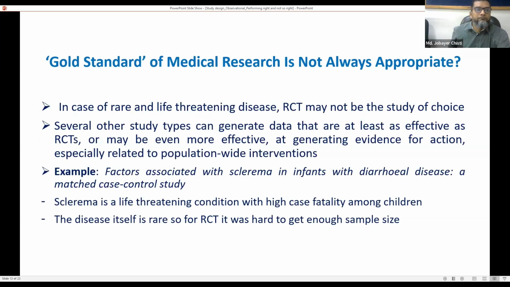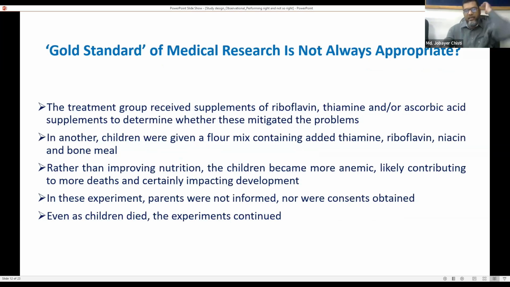That means that this kind of research, although it was a randomized clinical trial, was not an appropriate study.